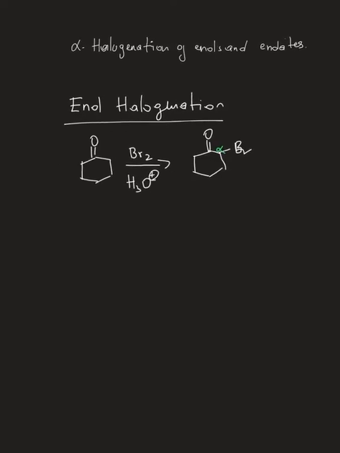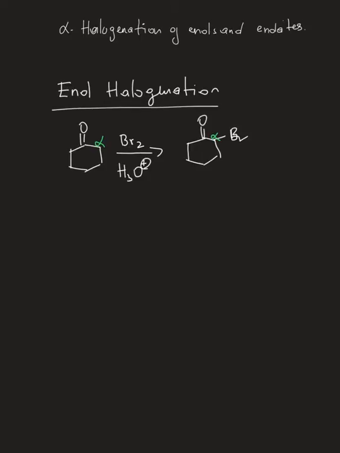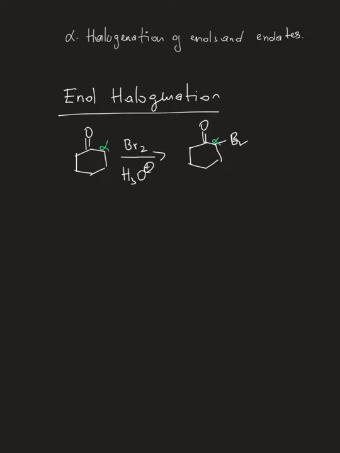So let's look at the mechanism, how this reaction happened. If you remember at the beginning, we talked about these alpha functionalization reactions, when we introduce a functional group to the alpha position of a ketone, they always go through an enol or enolate, because by themselves the alpha positions of ketones are not acidic. So in terms of mechanism, what happens here is first, under acidic conditions, this ketone will undergo enolization.